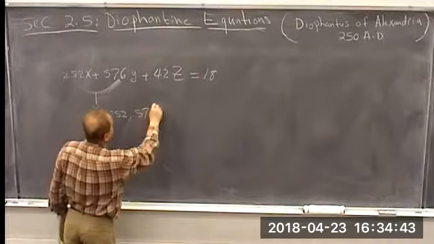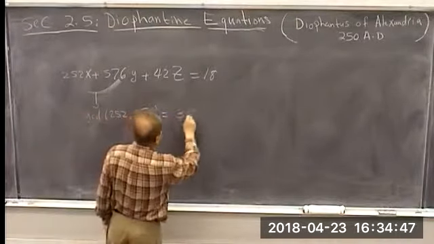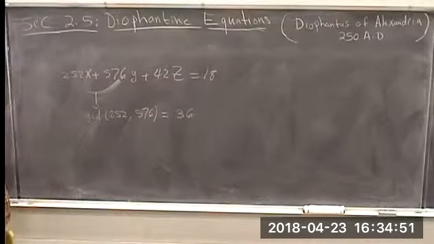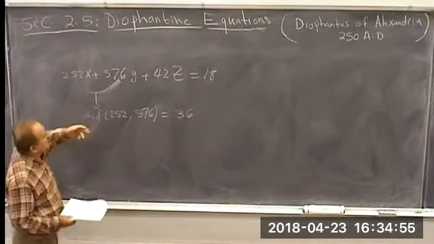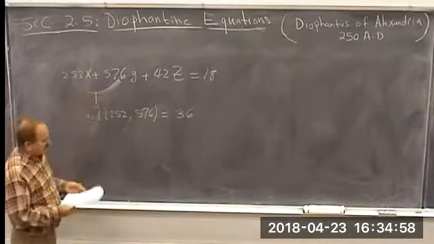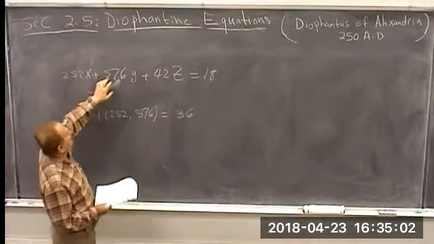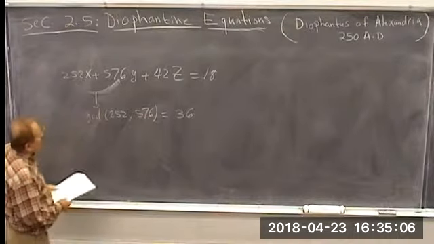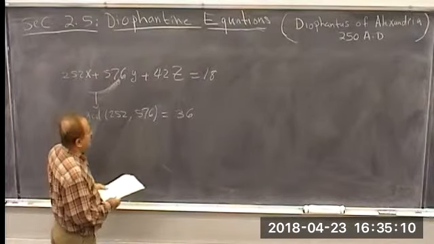That's 76. And this, it turns out to be 36. Then we can use the Euclidean algorithm to express 36 as a combination of the x and the y, sorry, the 252 and the 576. We found their greatest common divisor using the Euclidean algorithm.